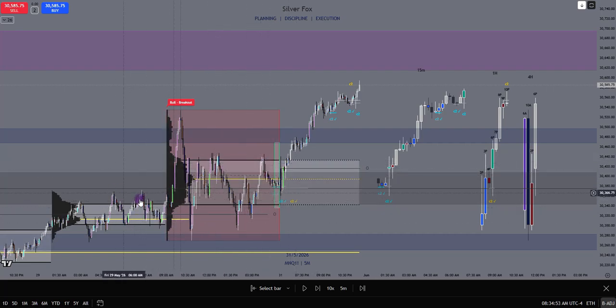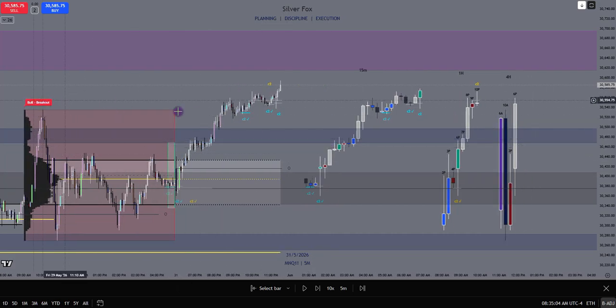We did close above the previous London sessions price action, so that's why we're getting that bullish breakout profile here.